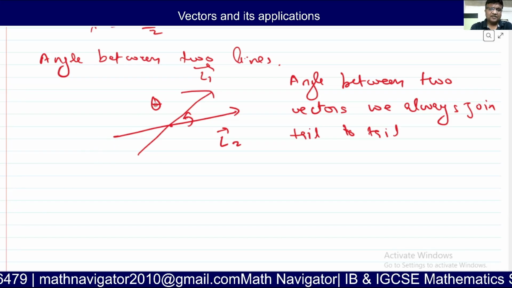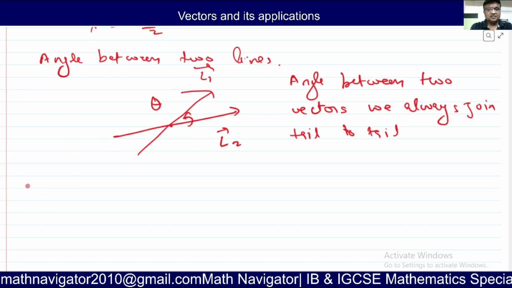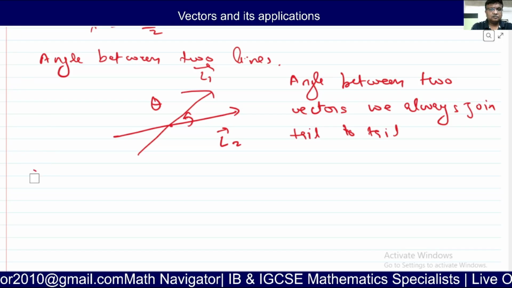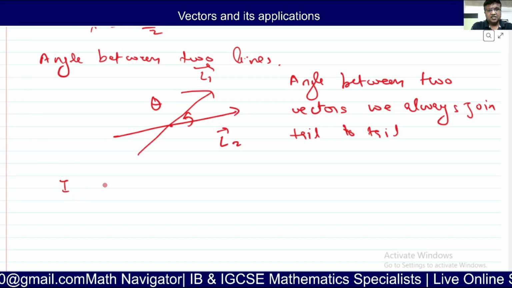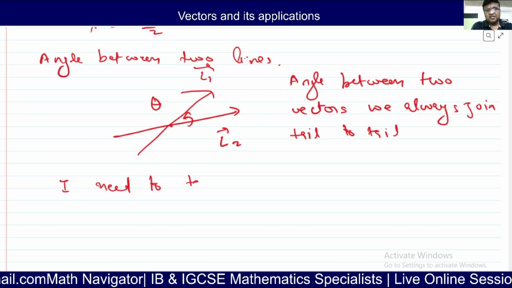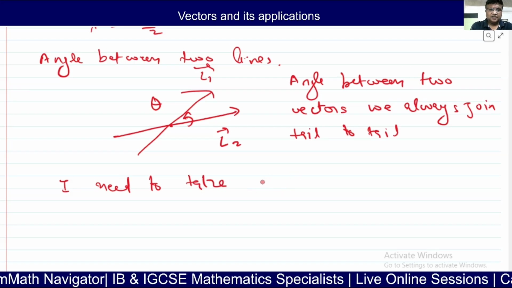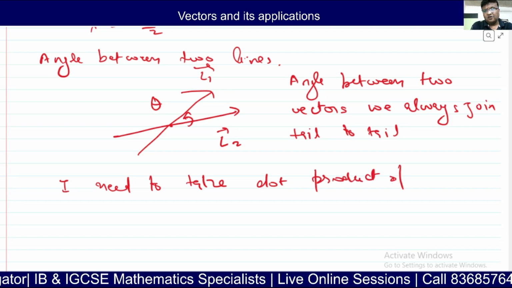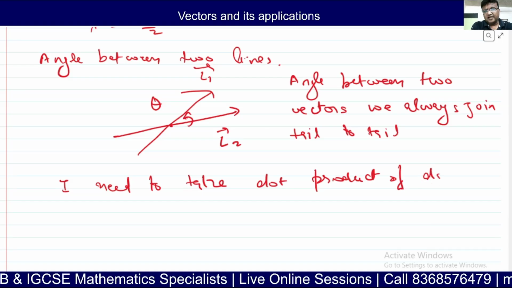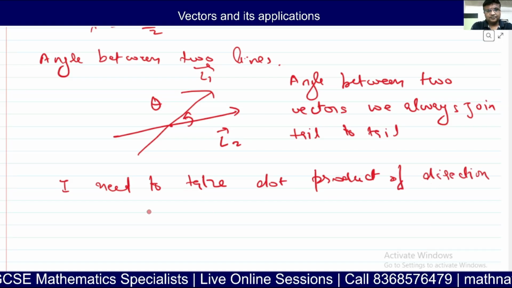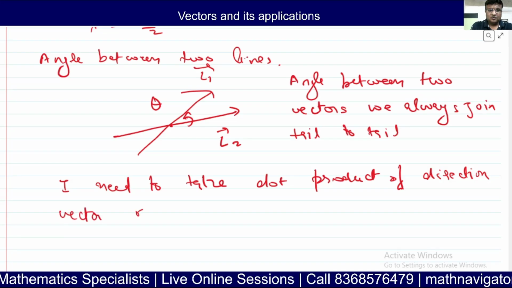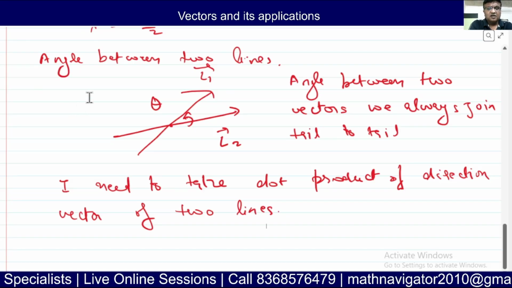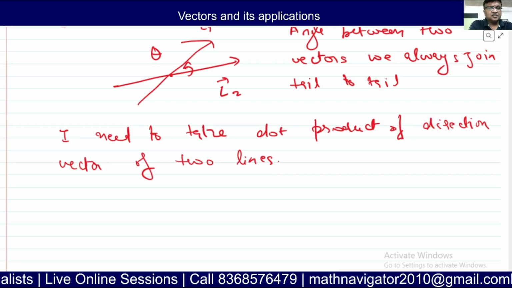So if I want to find theta, I need to take the dot product of the direction vectors of the two lines. Got it? So how will I do it? We'll do one question and you will understand.